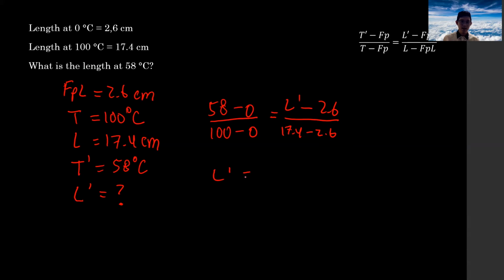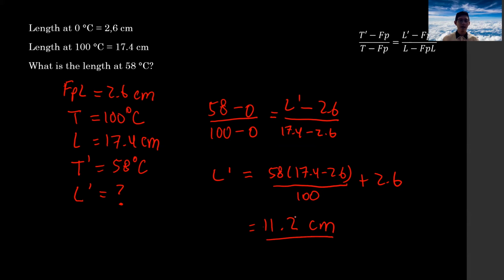So L accent is equal to 58 times 17.4 minus 2.6 per 100 plus 2.6. Putting it into your calculator, you should get 11.2 centimeters. That's the length when the temperature is at 58.